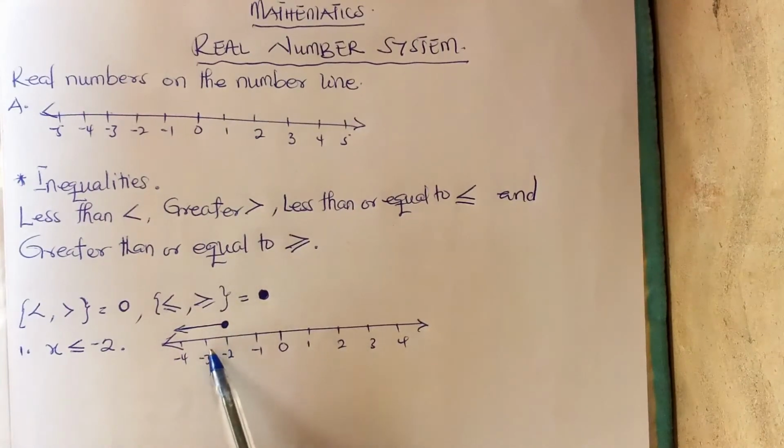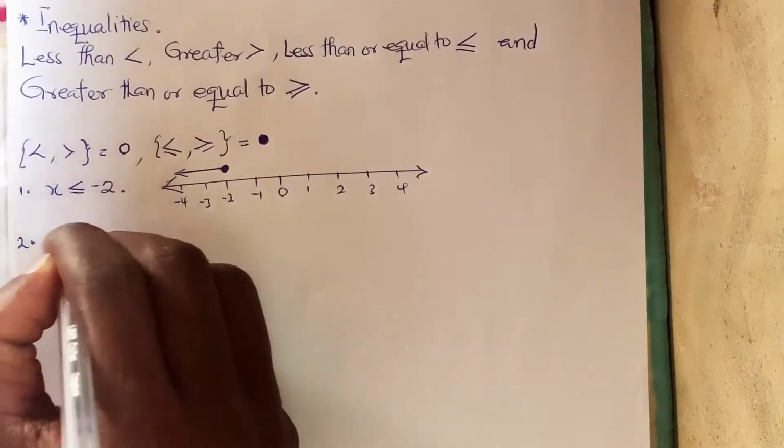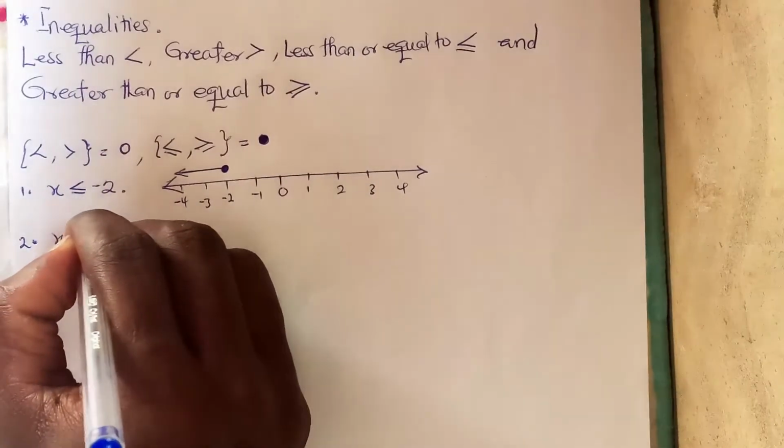So the portions moving to the left side of the minus 2 are all less than the minus 2.